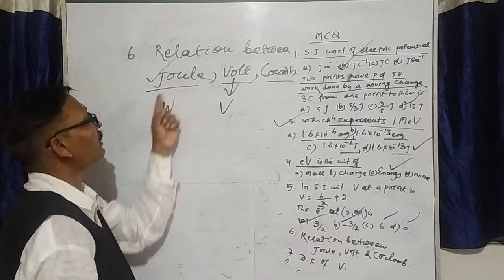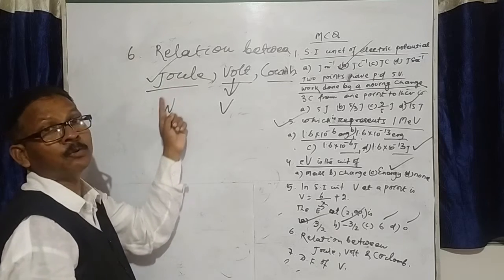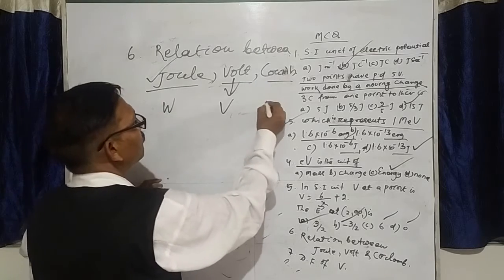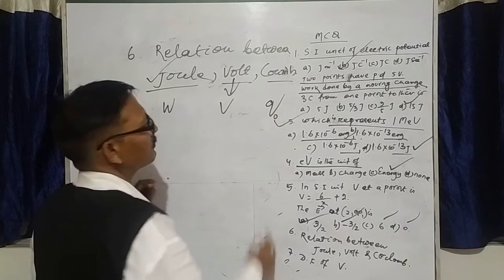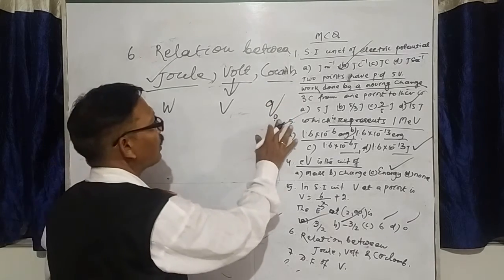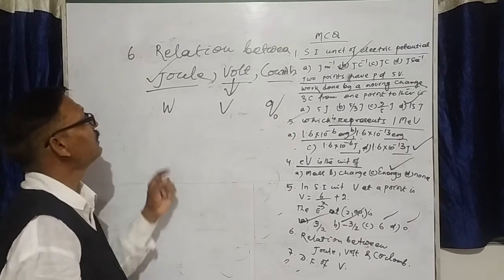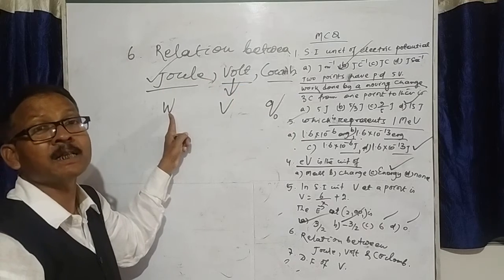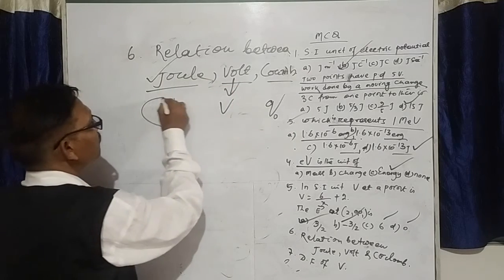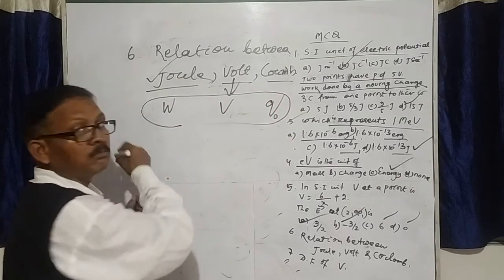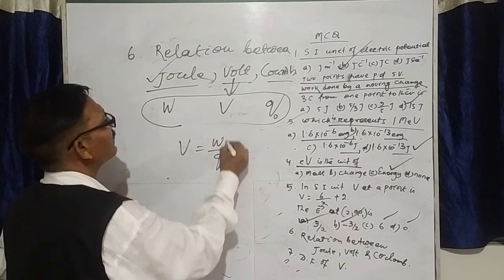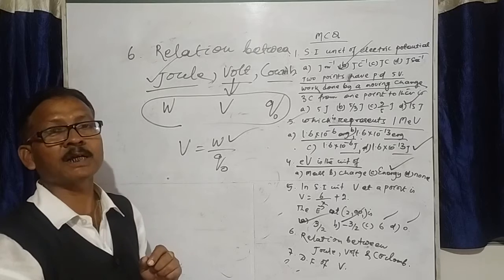V, you write the symbol from unit to symbol of a physical quantity. Okay, coulomb, you know, is charge. You can take Q or Q0. You see the units and the physical quantity symbols. So what is the relation between W, V, Q0? You know V is equal to W by Q0. That is, potential is equal to work done per unit charge.